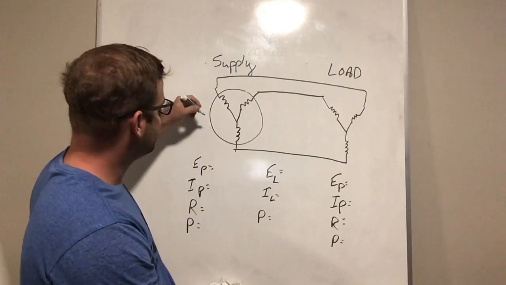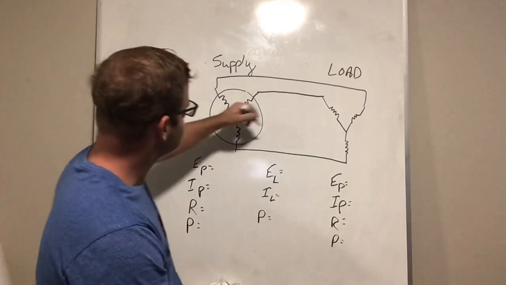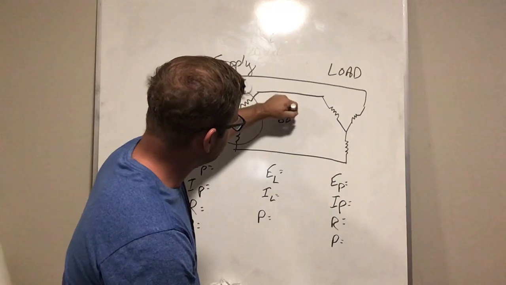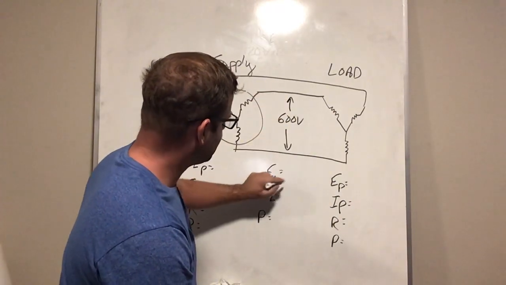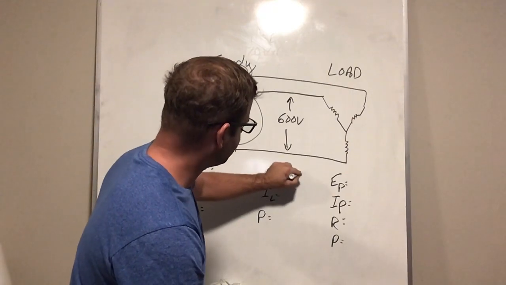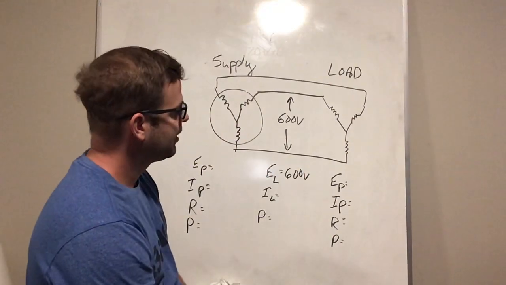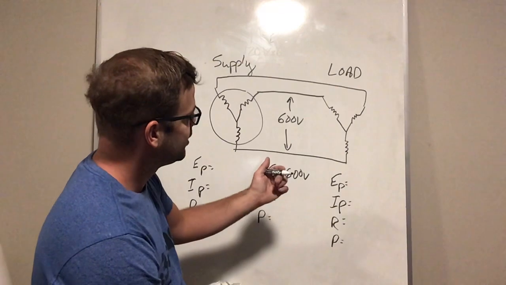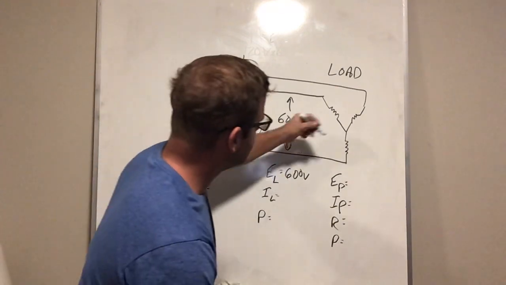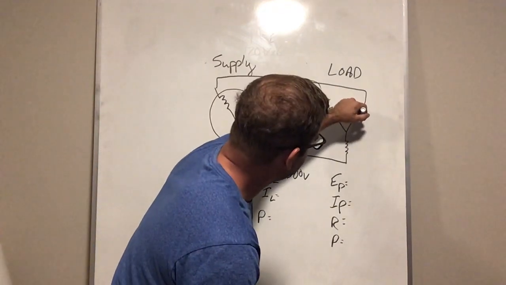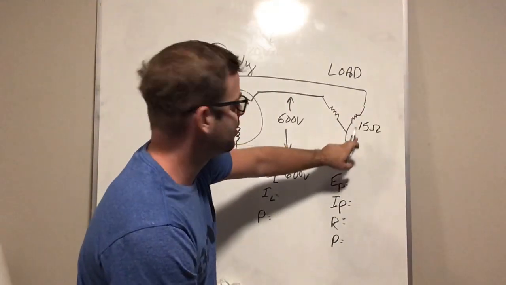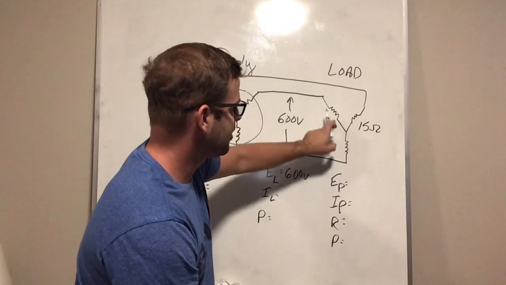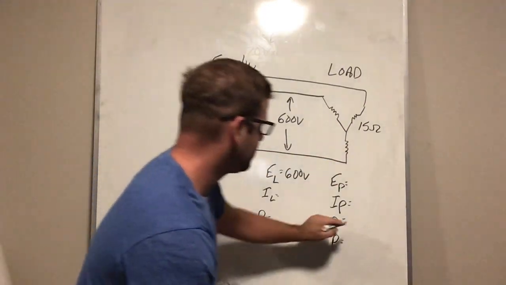I'm going to use a value of 600 volts in my line, so we already know that this is 600 volts, and let's use 15 ohms per phase, so there, and there, all as 15 ohms.